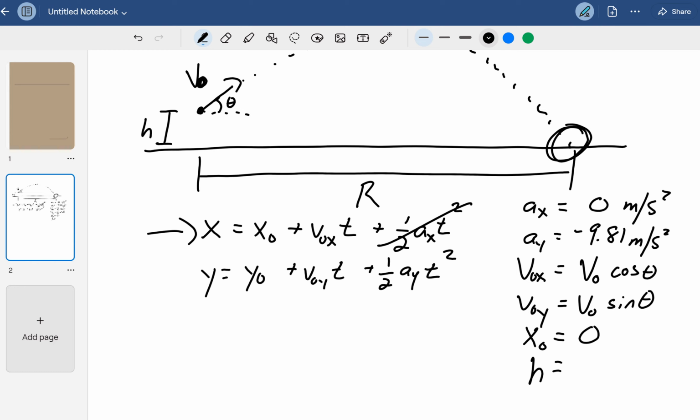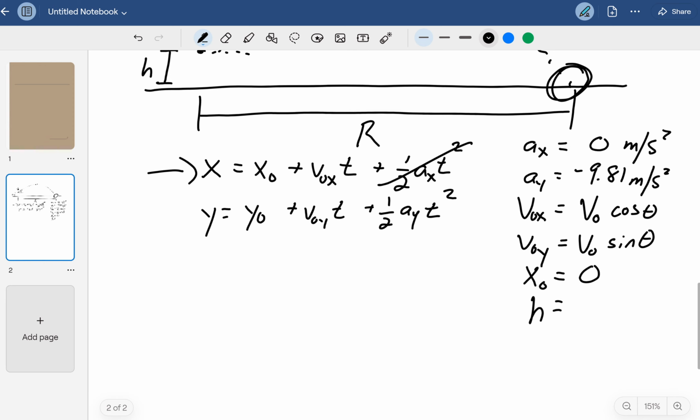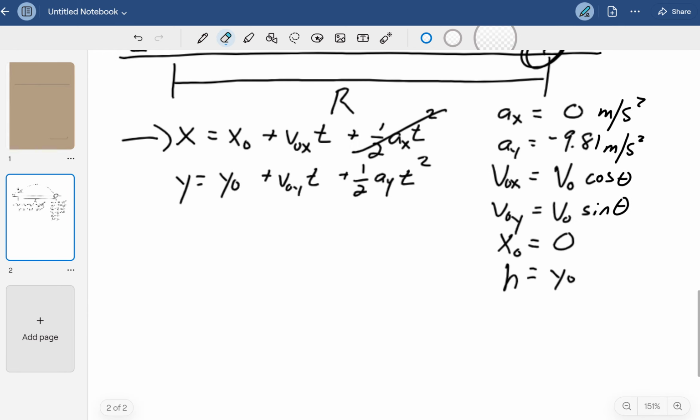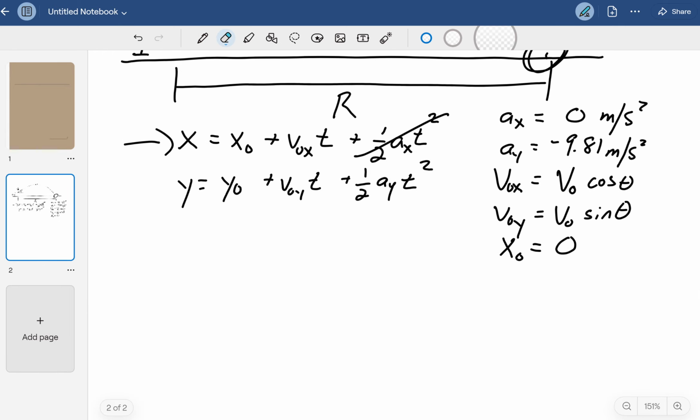We know the initial velocity and the angle. We know the initial height, the initial position, and we know the accelerations. We're just trying to find the range and the height. So given that x0 is 0 and h is y0, we can make a couple of substitutions to begin actually solving this.